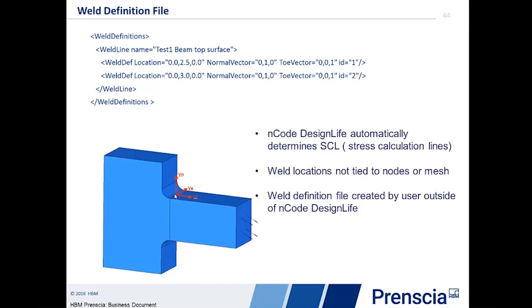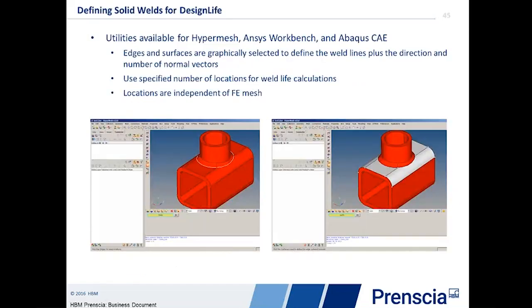This file actually has to be created outside of DesignLife. However, we currently have 3 different utilities, one for HyperMesh, one for ANSYS Workbench, and one for Abaqus CAE, that allow you to go in and pick the geometry features in the finite element model and use selections of curves and surfaces to identify this weld configuration.